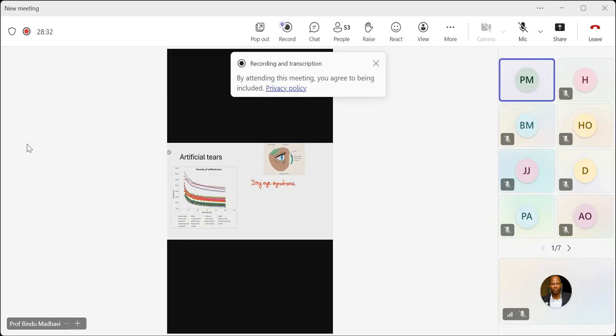Eye becomes dry, and which will cause irritation during blinking process. Because tear fluid is going to act as the lubricant for the blinking process of the eyelids. So to serve this function, we are going to prepare the artificial tears.